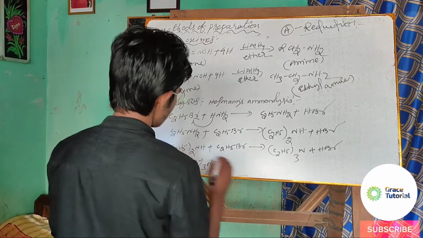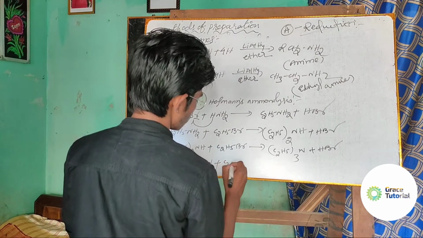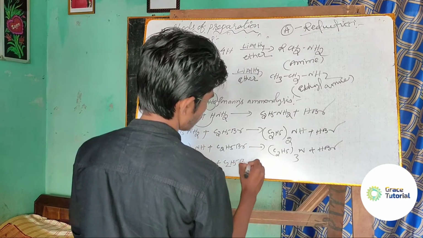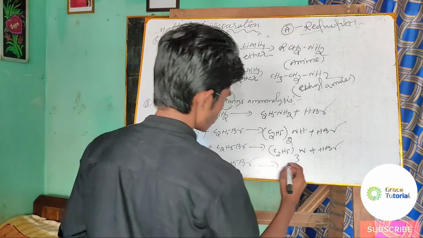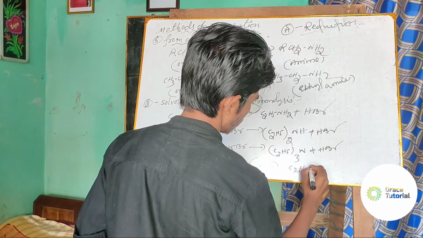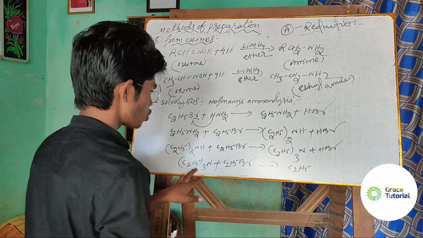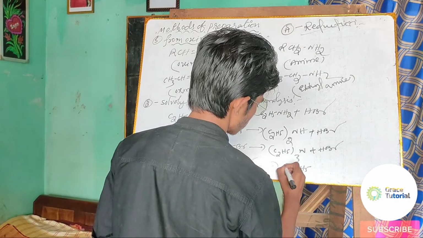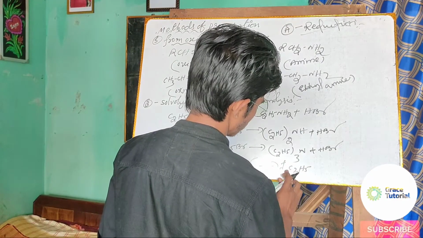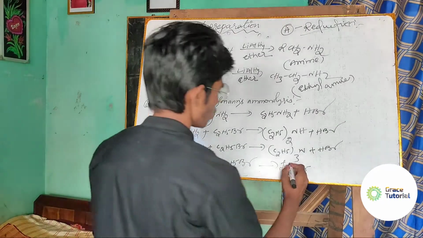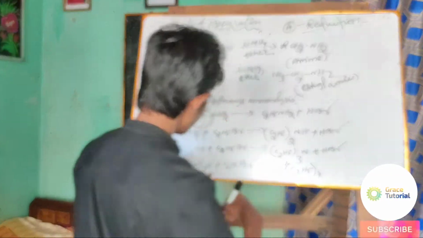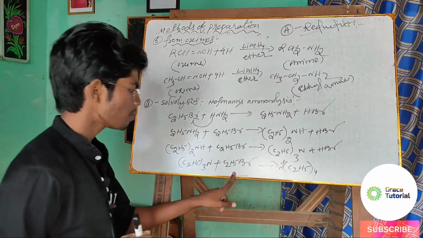again reacts with C2H5Br, then what happens here? C2H5, C2H5, this is N plus, C2H5, this is whole 4, because here 3 is there and one more C2H5, right?